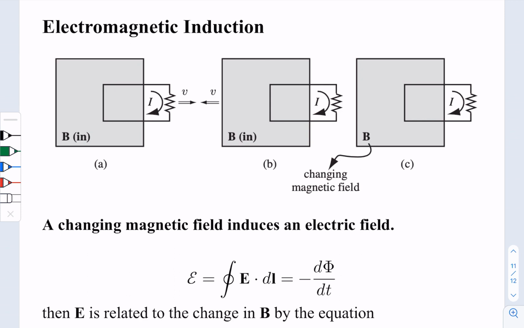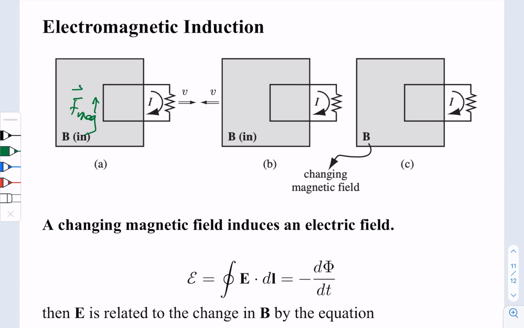If we move the circuit, we already know that there can be a magnetic force here, and this magnetic force can drag the charge and produce a current. So this is one type of movement, and you can sort of imagine that this is the EMF induced by the magnetic field.